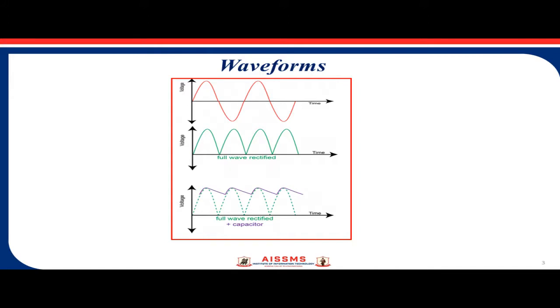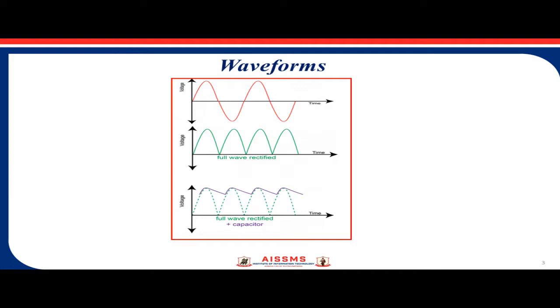It is a DC signal with ripple. And finally, when you apply this DC signal with ripple to the regulator IC, the regulator IC will give you a constant DC supply depending upon the design.